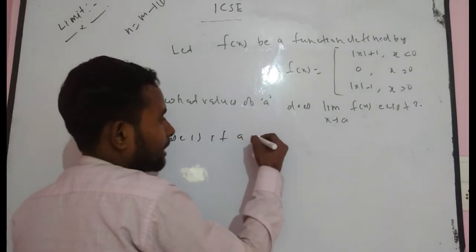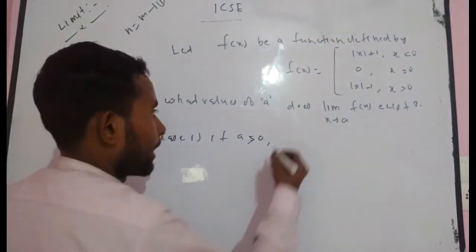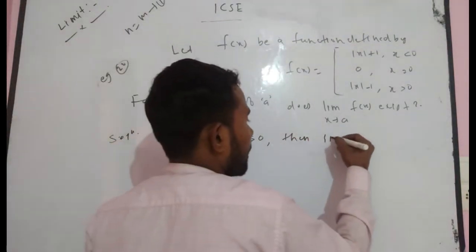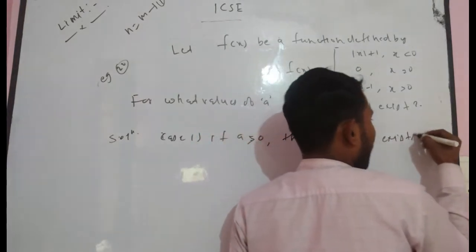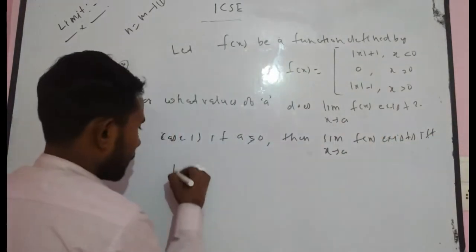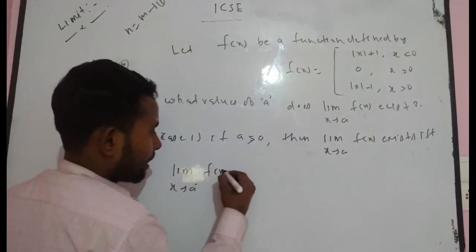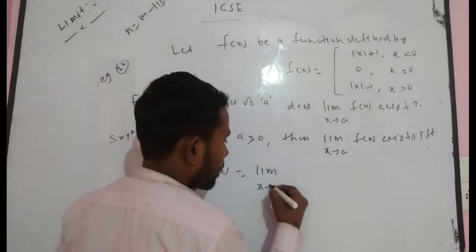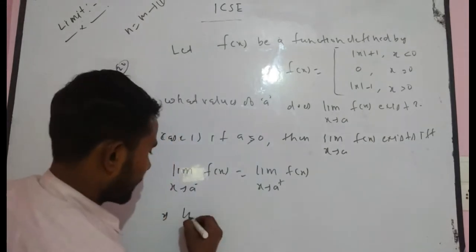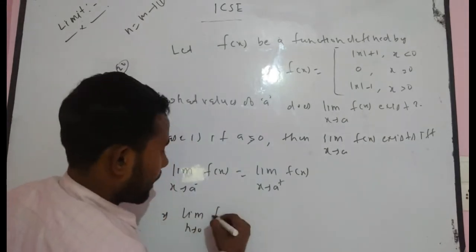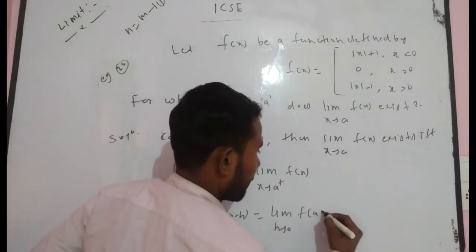If a is greater than 0, then the limit as x tends to a of f(x) exists if the limit as x tends to a from the left hand side of f(x) is equal to the limit as x tends to a from the right hand side. That implies you can write the limit as x tends to 0 of f(a minus x) is equal to the limit as x tends to 0 of f(a plus x).